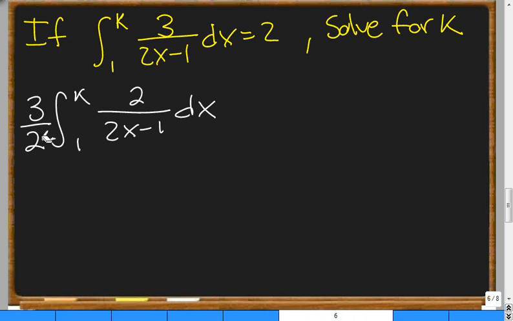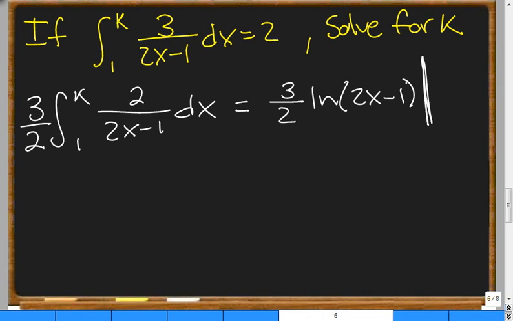So we haven't really changed anything, we just made it look a little different. Well, this right here is the same thing as 3/2 times the natural log of 2x minus 1. Now, this we have to do from k to 1. So we need to go through and actually solve this the best that we can.